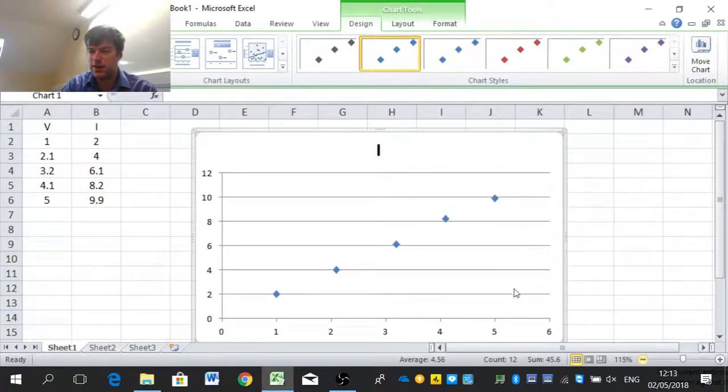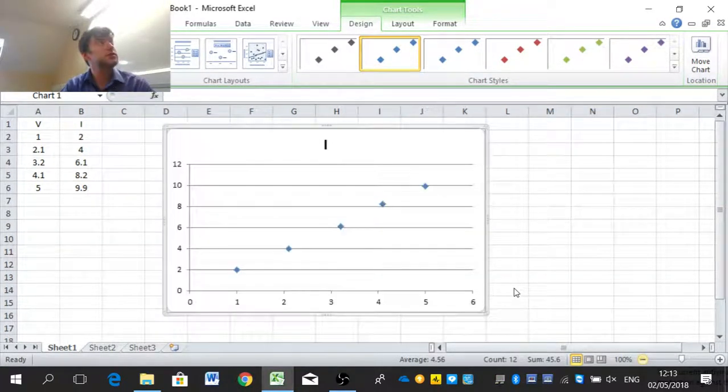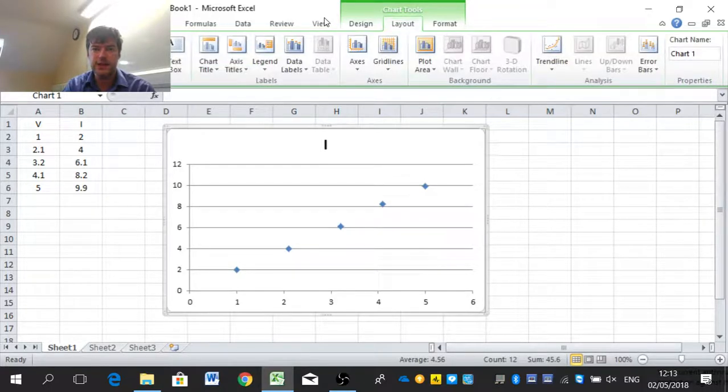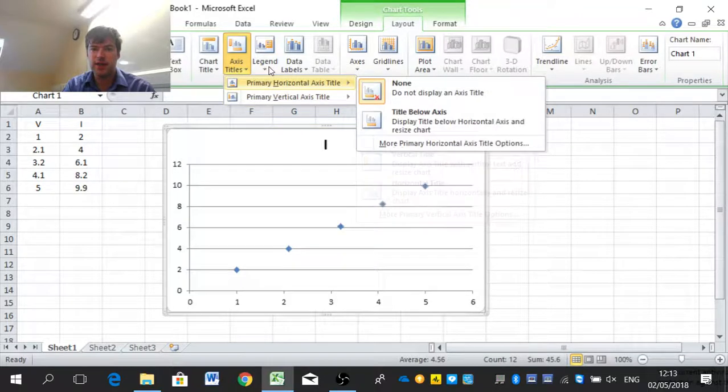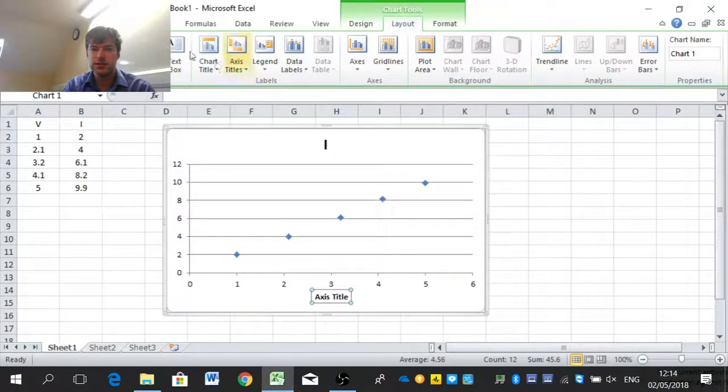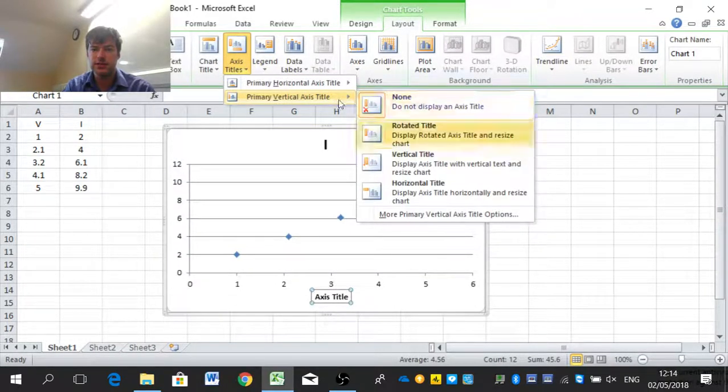Also, what else is wrong with this graph? What else is bad about this graph? There's no label for the axis. Yeah, no label for the axis. That's a big problem. So let's fix that first. In layout, axis titles, primary horizontal and vertical as well.